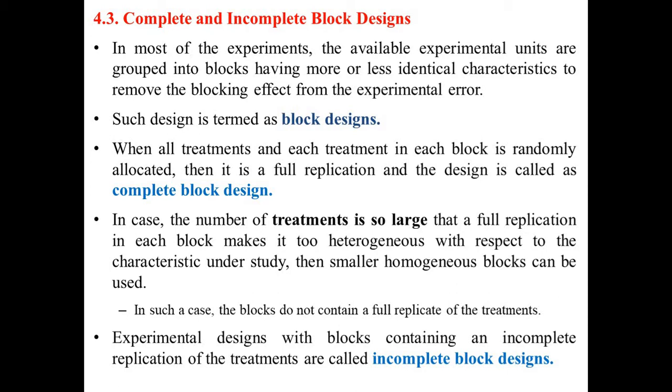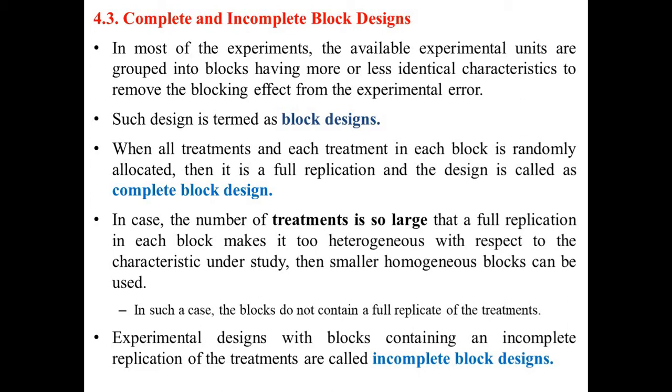In a complete block design, all the treatments should be present in each block, and each treatment should be replicated equally. In other cases, the number of treatments is too large, full replication may be difficult, and obtaining homogeneous environments for a larger number of treatments could also be difficult.